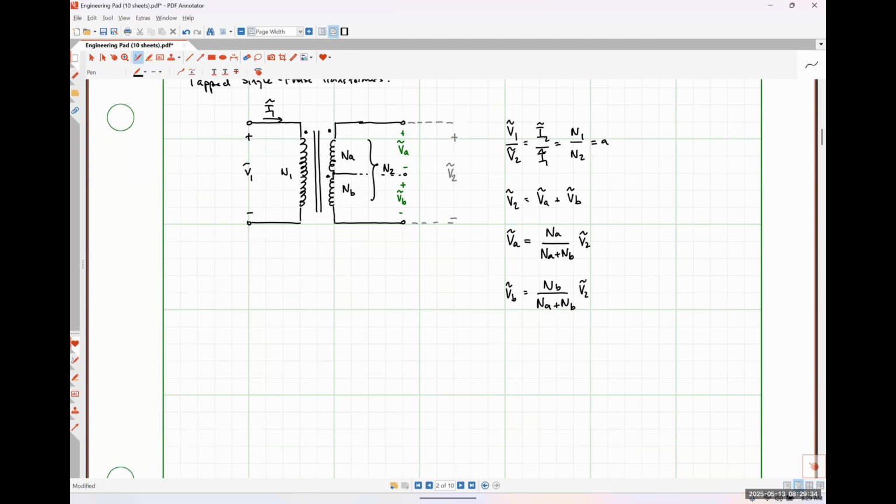So that when we add these guys together, we wind up getting NA plus NB over NA plus NB, which is just a factor of 1 times V2, so that V2 is equal to V2.